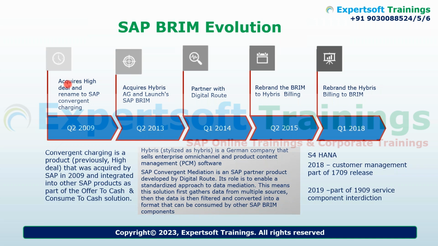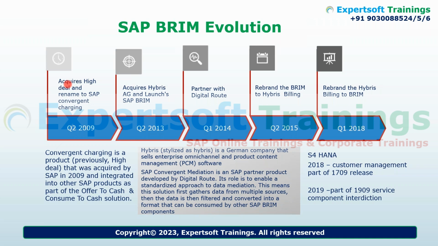So at that time SAP wanted to integrate this usage based and hybrid billing, and SAP renamed the offer to consumption to cash model as hybrid billing, around 2013 Q2 onwards. Hybris is a German-based company, with product content management software.